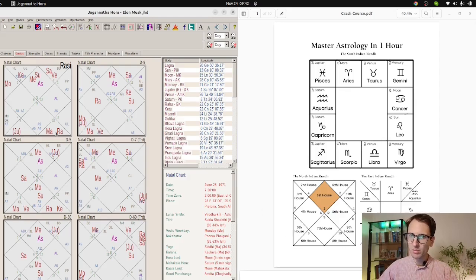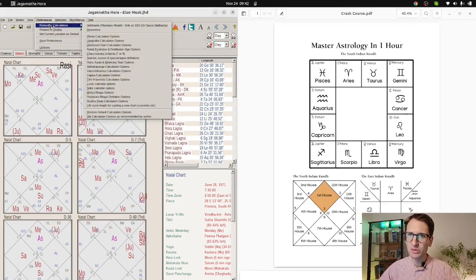Here, Mars and Rahu are in the 8th house. And number 10 is Capricorn. I'm not so used to this chart. I know how to read it, but I always use the other one.